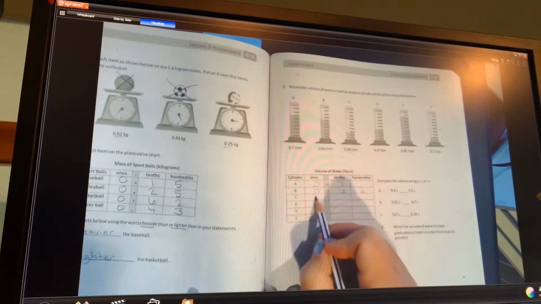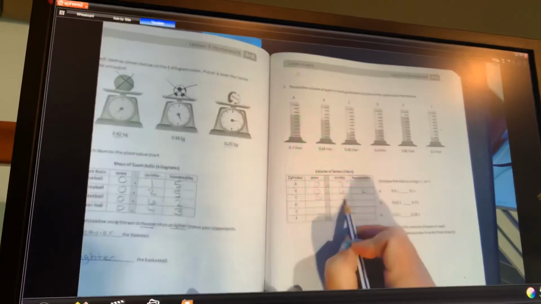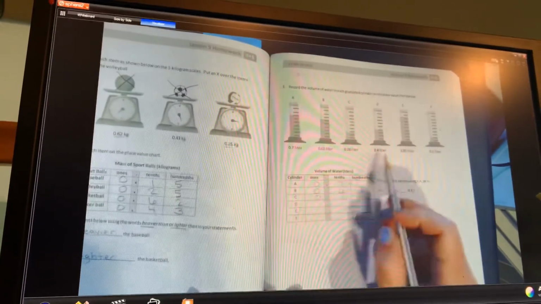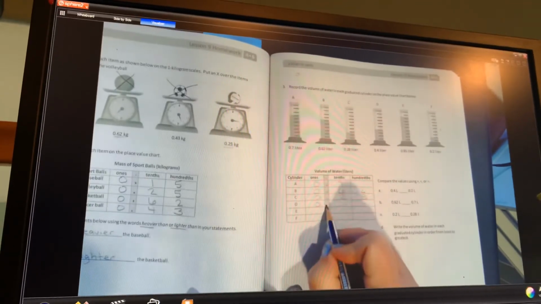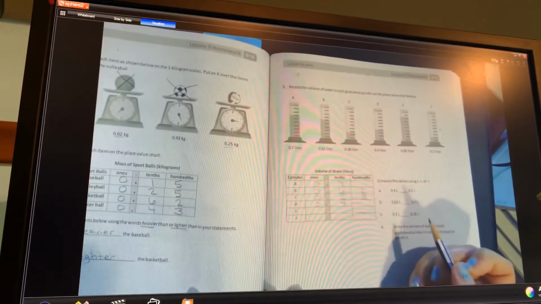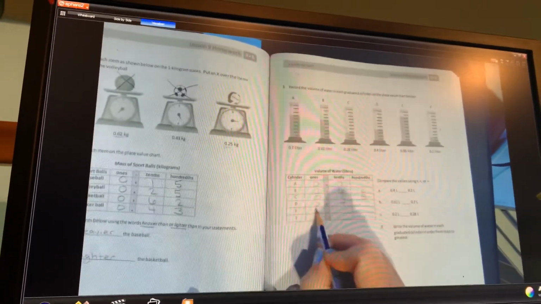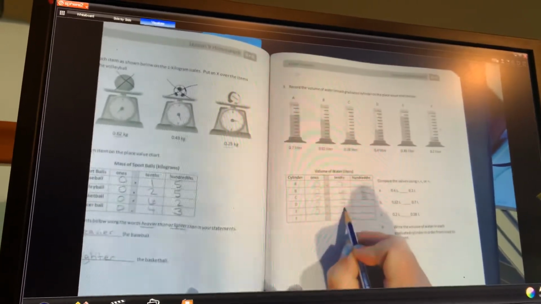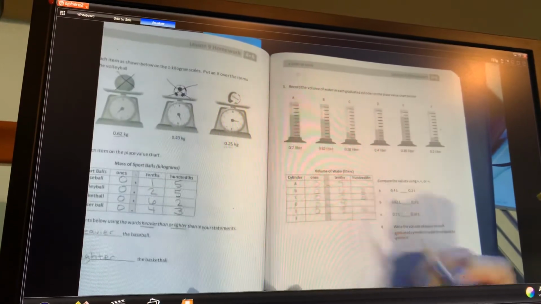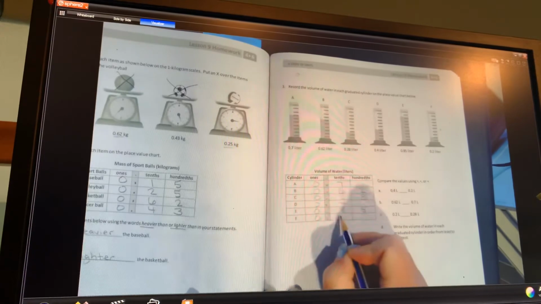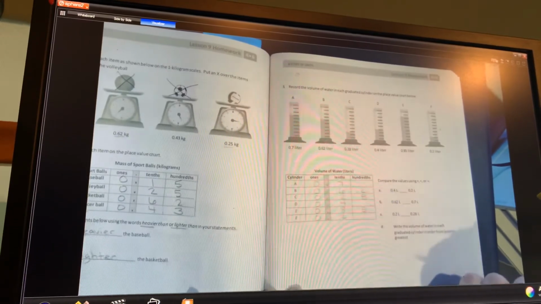C, you have no ones, a 2 in the tenths and an 8 in the hundredths. Letter D, you have no ones and 4 tenths, no hundredths. Letter E, you have no ones, 8 tenths, and 5 hundredths. And finally, letter F, no ones, 2 in the tenths, no hundredths.